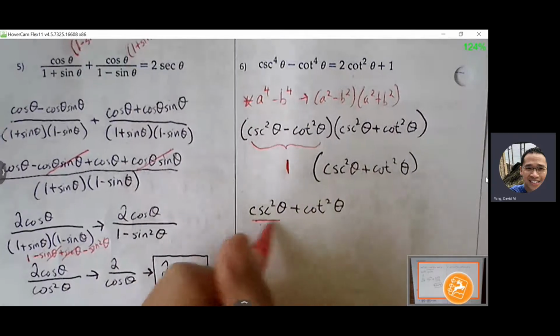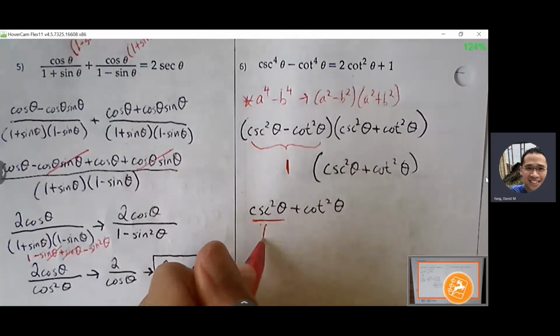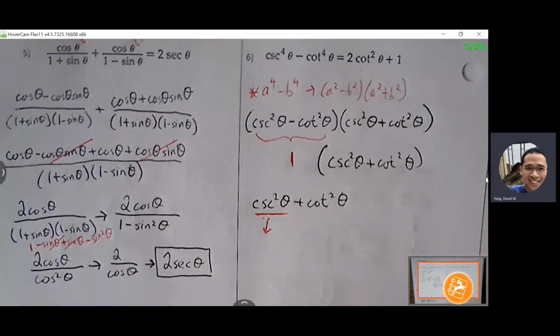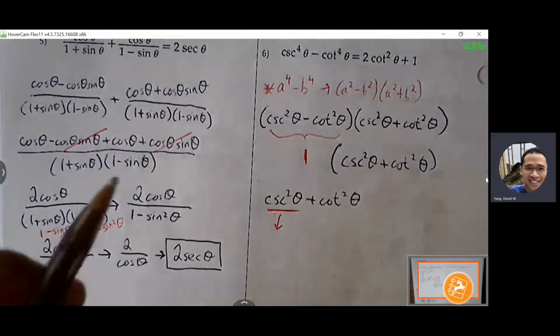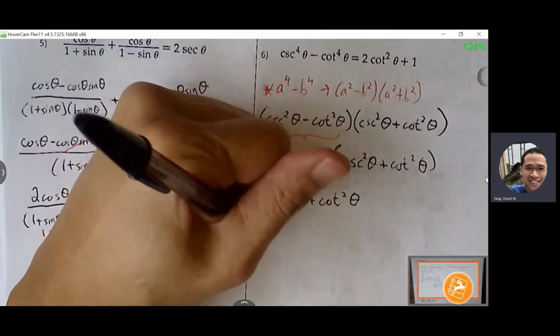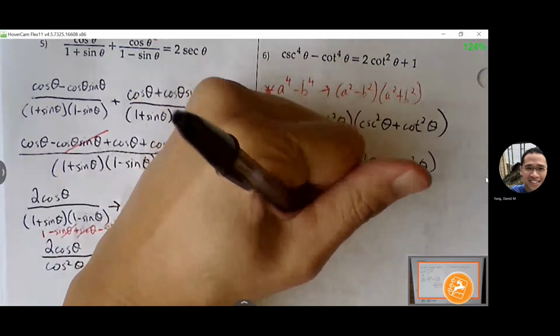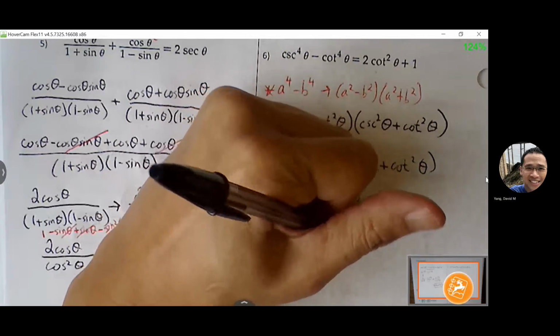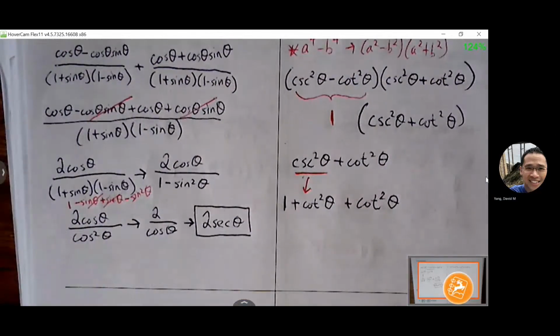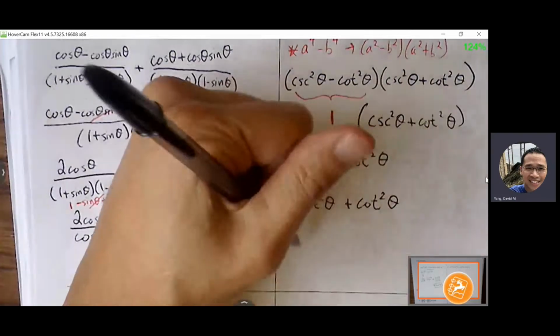So now I'm going to look for an identity that will convert cosecant squared in terms of cotangent squared, which is 1 plus cotangent squared. So now we're at the end, right? Cotangent plus cotangent, we get 2 cotangents.